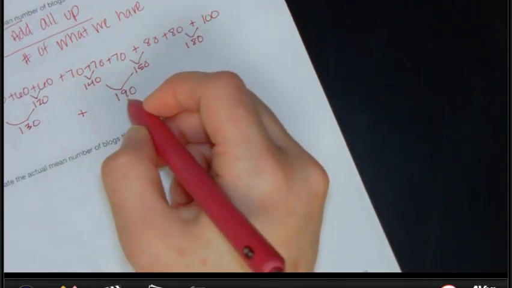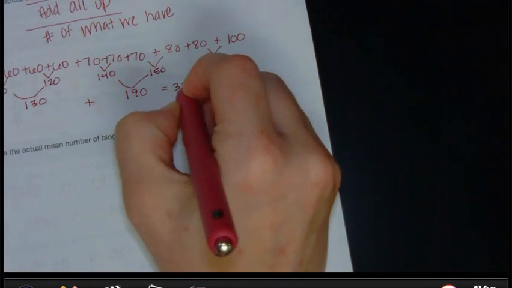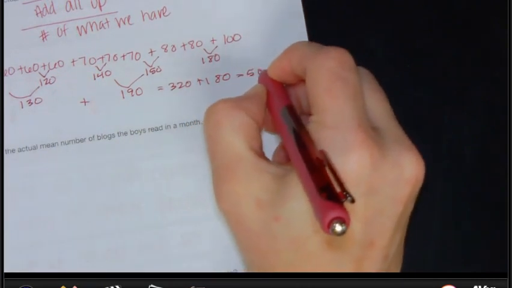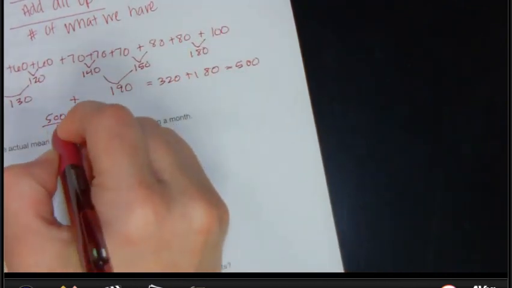Let me grab a calculator really fast because we've got a couple of big numbers. 130 plus 190, that's 320 plus 180, 500. And that's going to be divided by 1, 2, 3, 4, 5, 6, 7, 8, 9, 10.